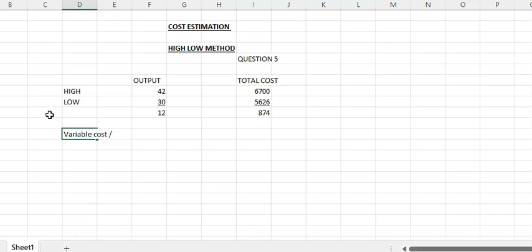You actually just say the difference in cost, you divide it by the difference in activity level. So once you divide, you'll be able to get 72.8 per unit.